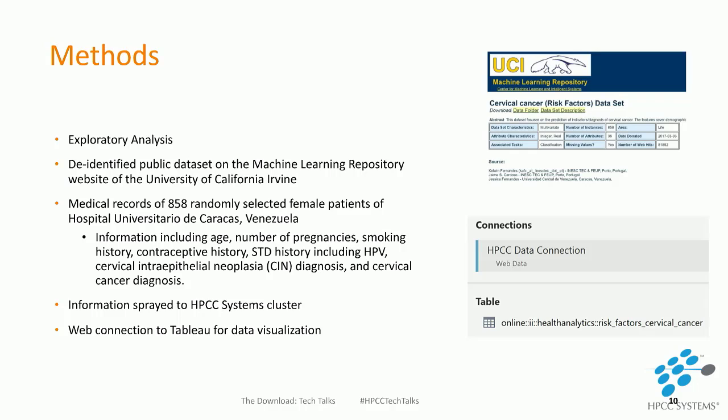The data set included patient information such as age, number of pregnancies, smoking history, contraceptive history, STD history, including HPV, and cervical cancer diagnosis. The dataset was sprayed to HPCC Systems cluster, and a web connection was made to Tableau for data visualization. Visualization techniques were explored to understand the association between variables.